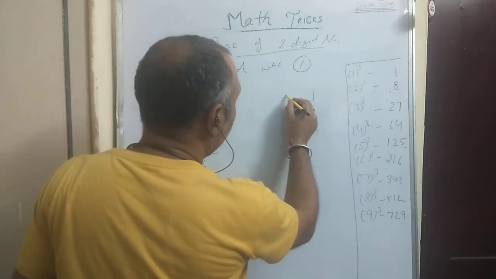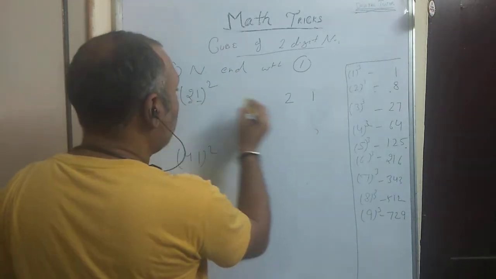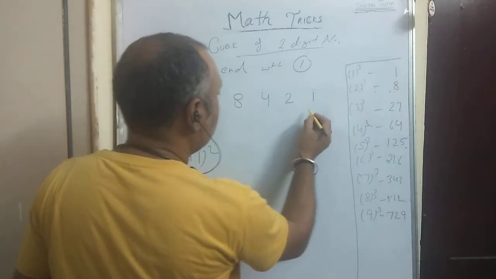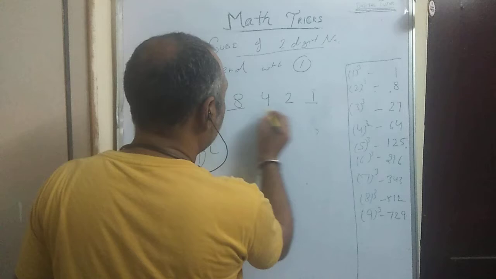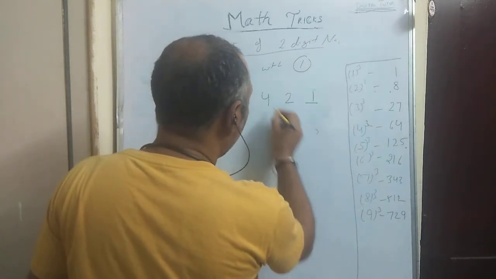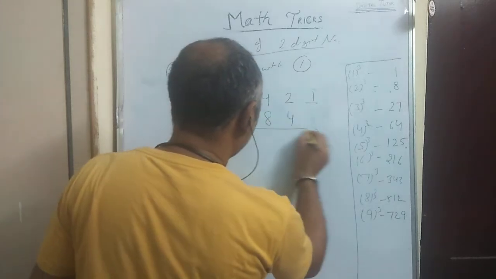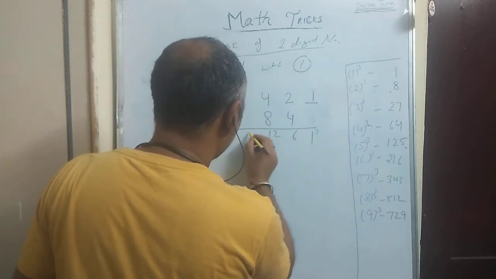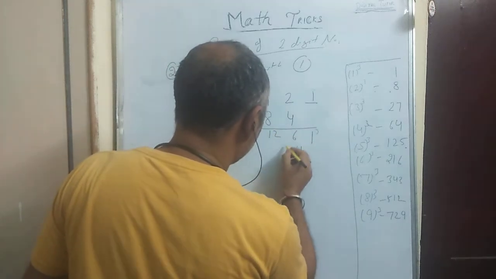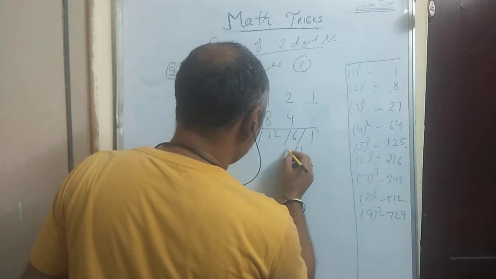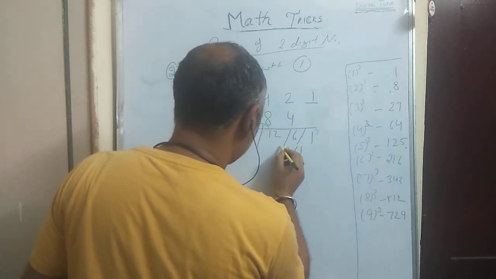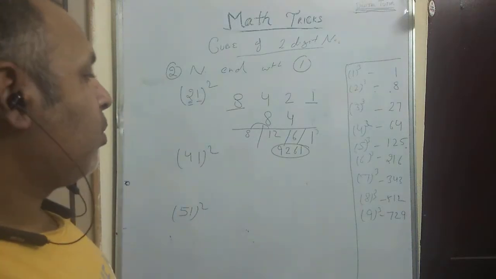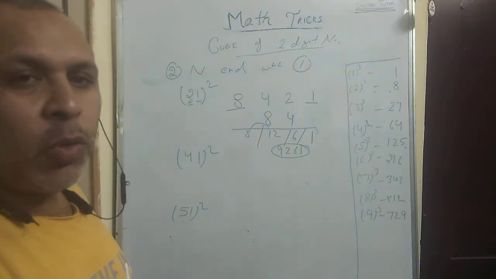First digit, second, here 2, square of 2 is 4, cube of 2 is 8. Leave that, double of that 4, double that 8. 1, 6, 12, 8, 1, 6, 2, 1 carry, that is 9. That is the cube of 21. I think clear friends, no doubt.